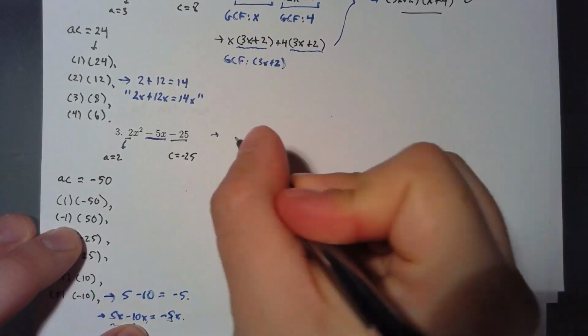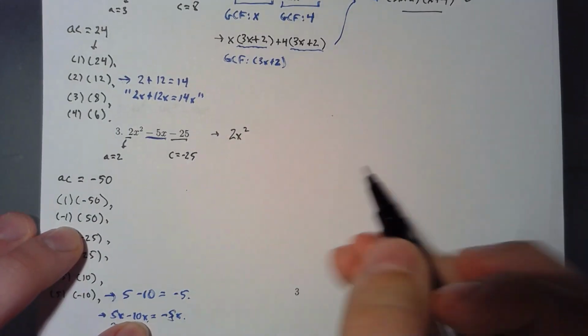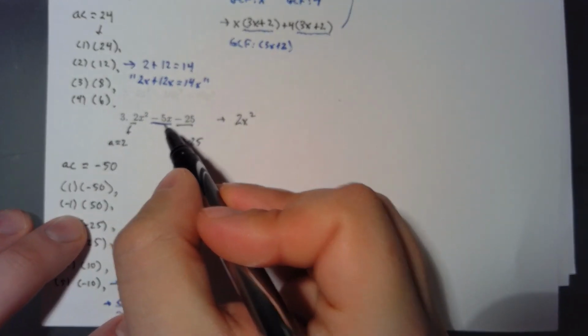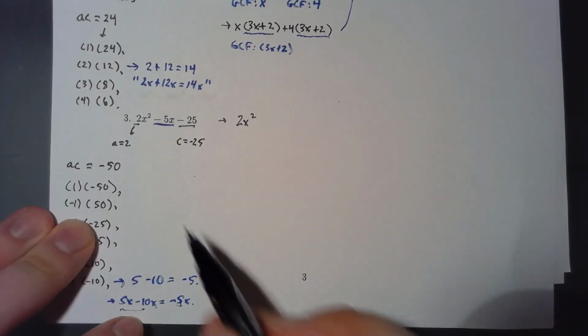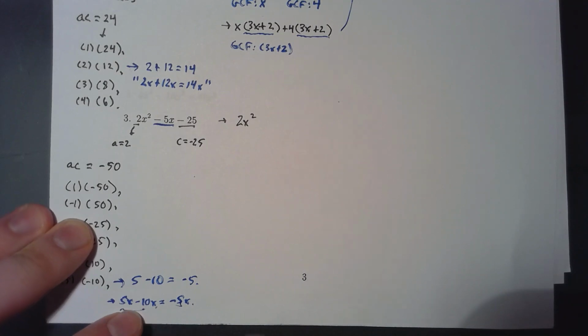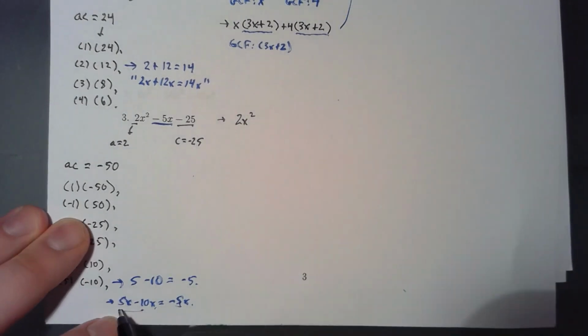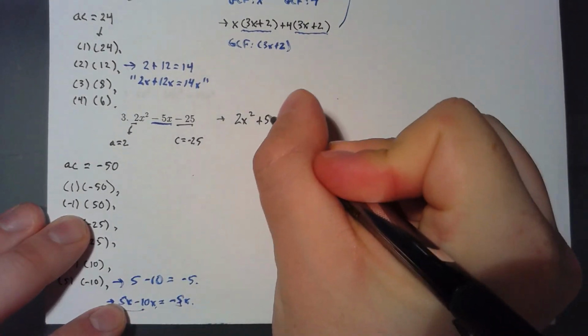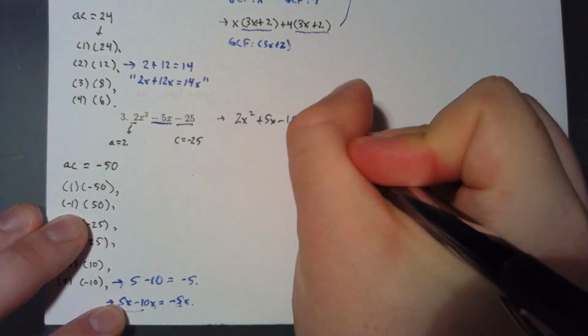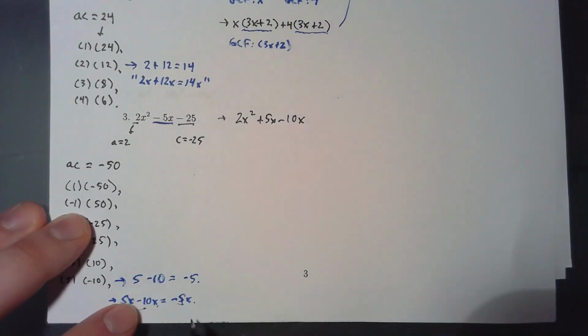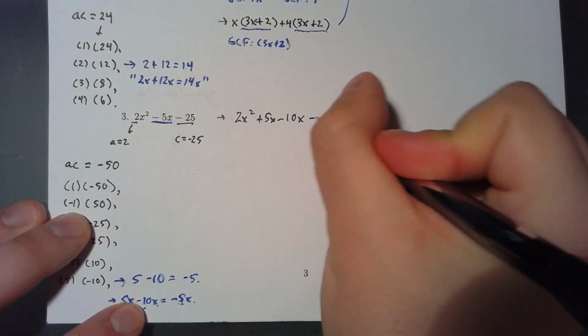Alright, 2x squared. Now I'm going to rewrite the middle term as 5x. So this is positive, right? So that's plus 5x minus 10x, and now minus 25.